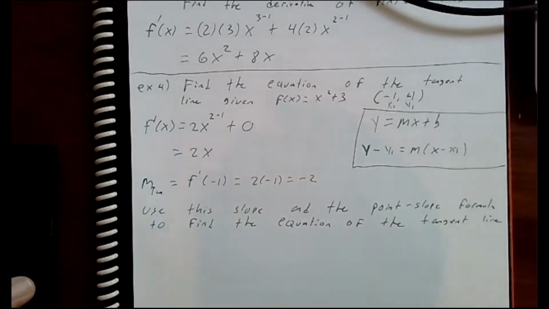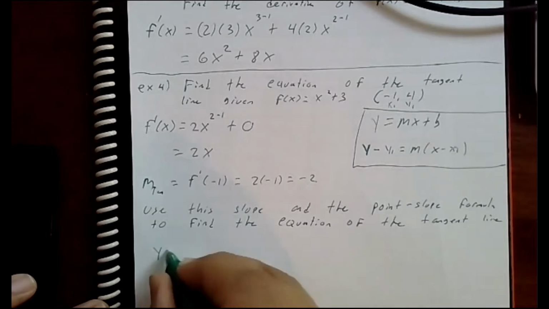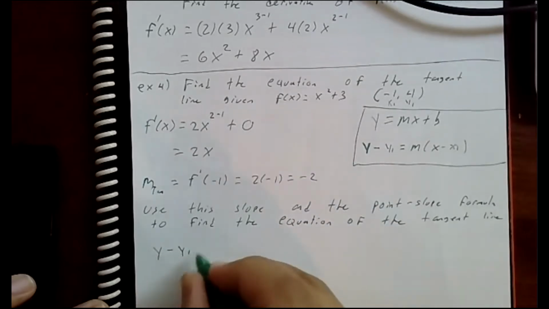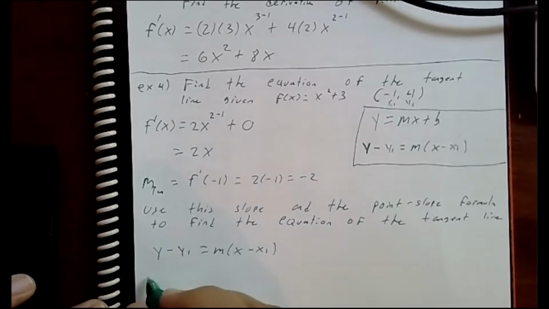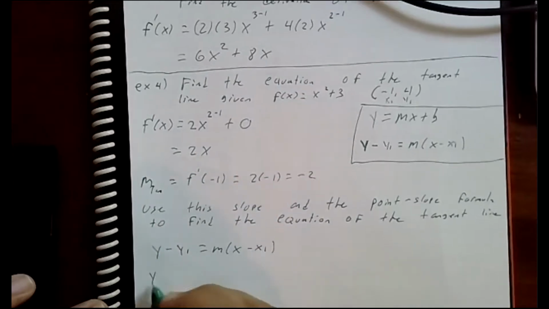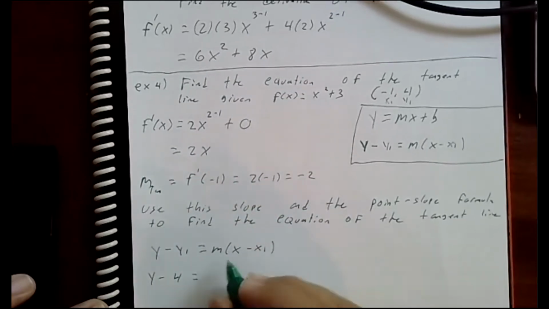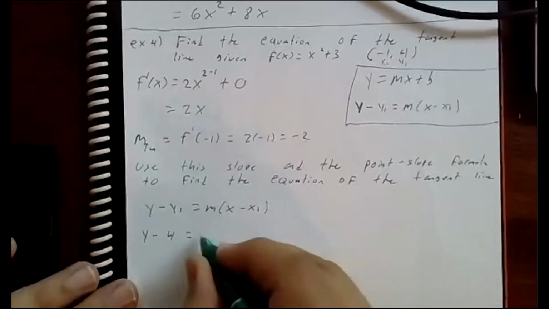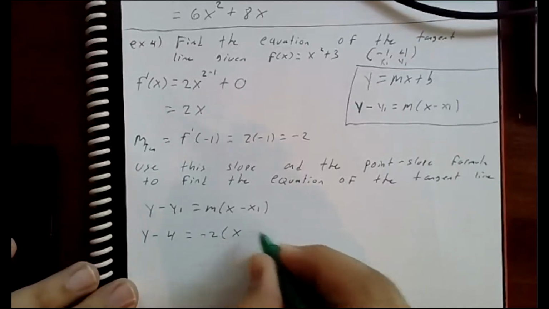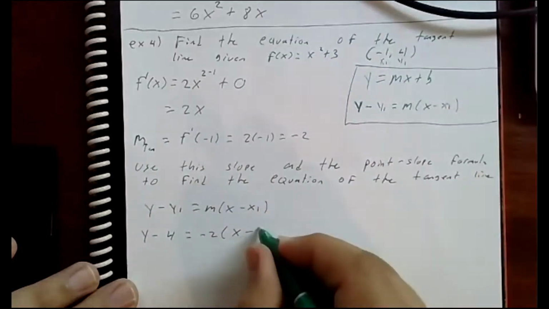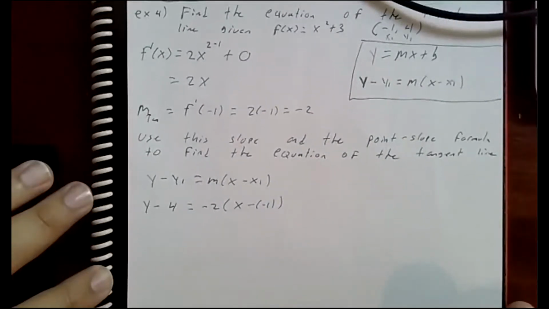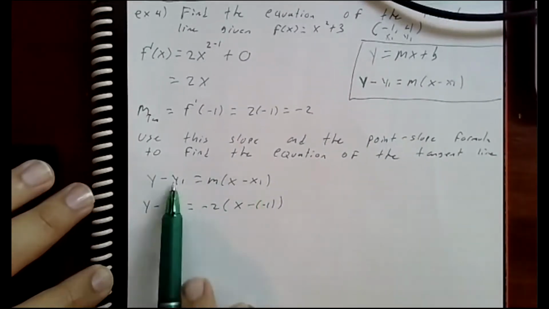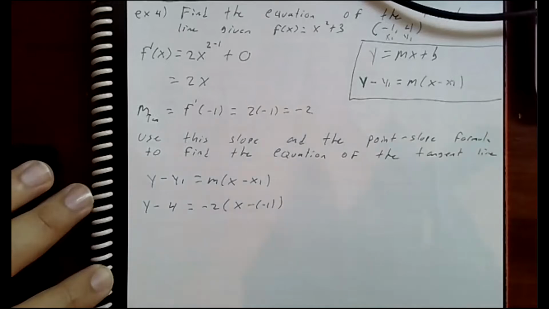Okay, so just plug it all in, right? So y minus y1 is equal to m times x minus x1. y1 is 4, so y minus 4 is equal to m we found to be -2, x minus x1, which is a -1. And there it is. So we plug it all in. Plugged in our x1, y1, and our slope.